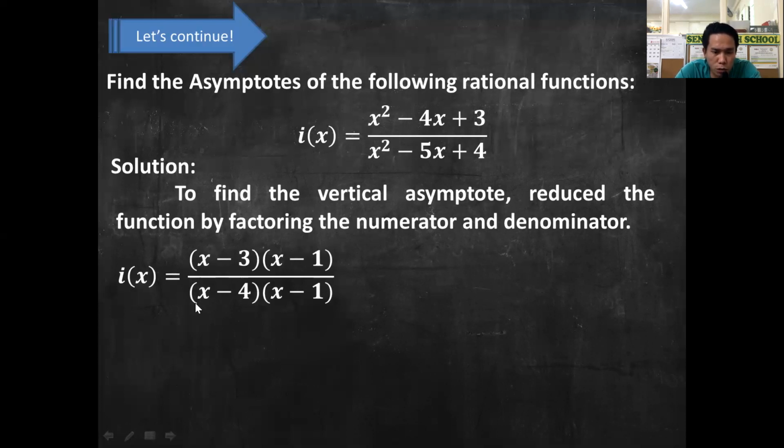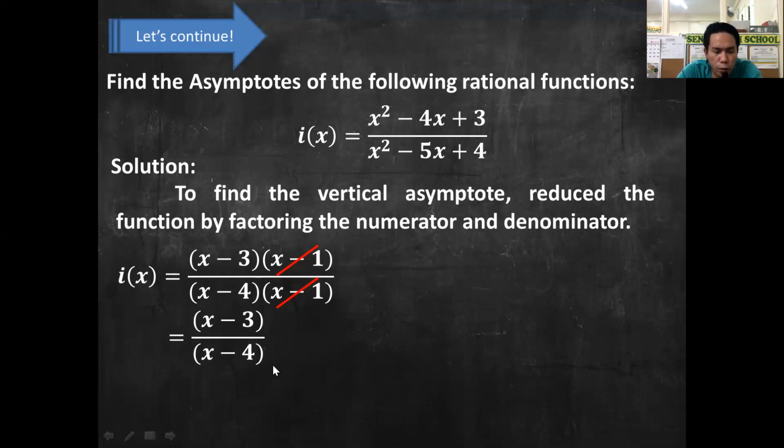And for the denominator, we have x minus 4 and x minus 1. Again, alam niyo na yan kung paano naging x minus 3 and x minus 1. Sa baba naman, naging x minus 4 and x minus 1. Okay, and then we can cancel x minus 1 and x minus 1. So matitira na lang is x minus 3 over x minus 4.